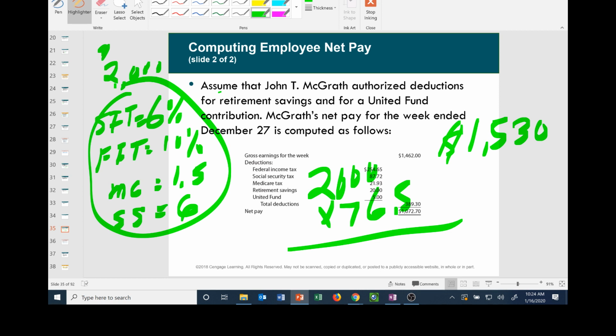Now, what journal entry would I make here? I would debit payroll tax expense for the $2,000. I would credit state income tax payable, federal income tax payable, Medicare tax payable, Social Security tax payable. And then I would credit cash for the net of 1530. That's my journal entry.